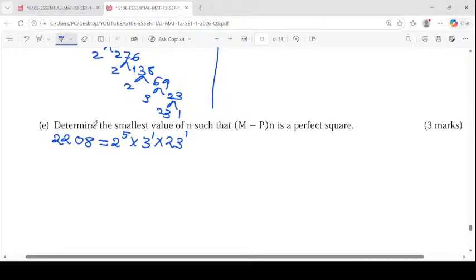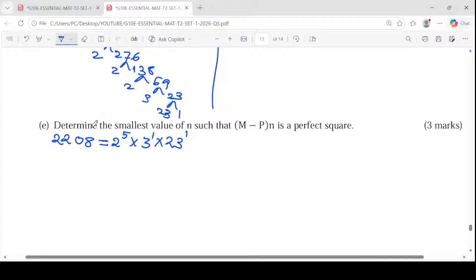In our current factorization, the exponents, that is the powers, are 5, 1, and 1. We need to multiply by n to make these exponents even. To make the exponent of 2 even, we need to multiply by 2 power 1, since 5 plus 1 becomes 6.